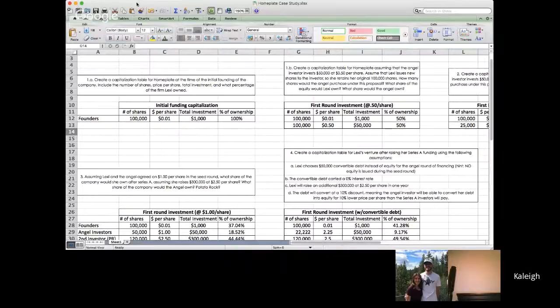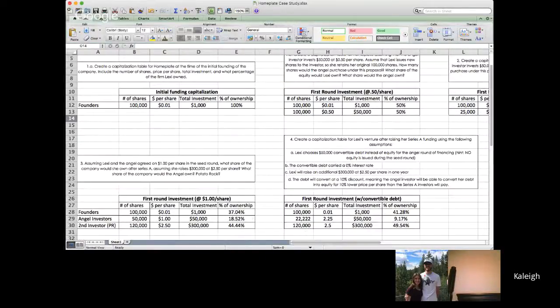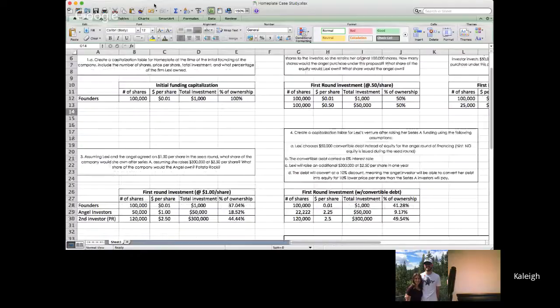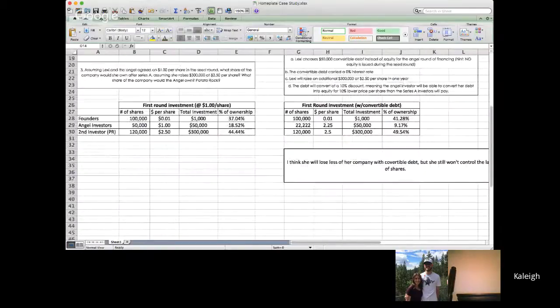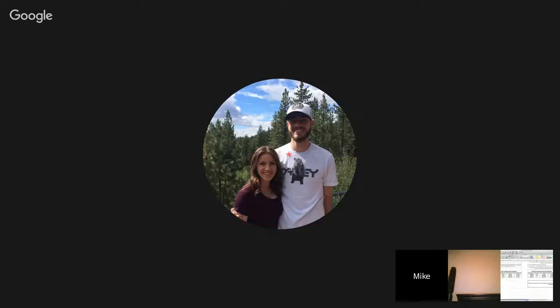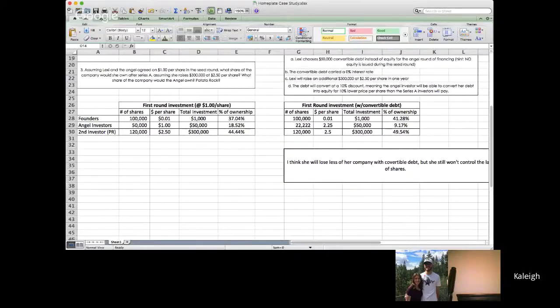Okay. Well, then we'll just go to number 3, I guess, if you have questions. Again, I hope this is right. I don't have anything to compare it to. Okay, so founders, 100,000, same thing, right? Yeah. Angel investors, same thing, except $1 per share, and they invested 50,000, so 50,000 shares.